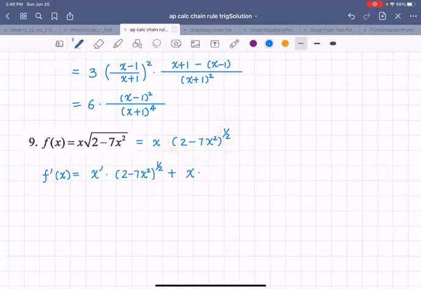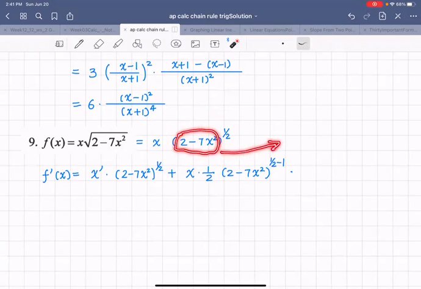1/2 multiplied by 2 minus 7x squared to the 1/2 minus 1. Very good. And then times 2 minus 7x squared prime, right?